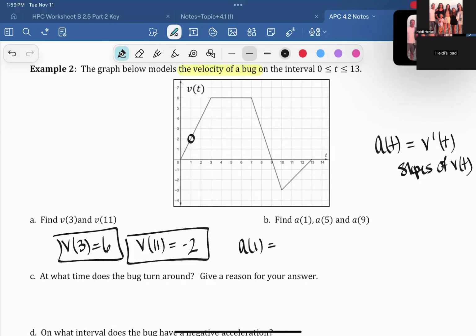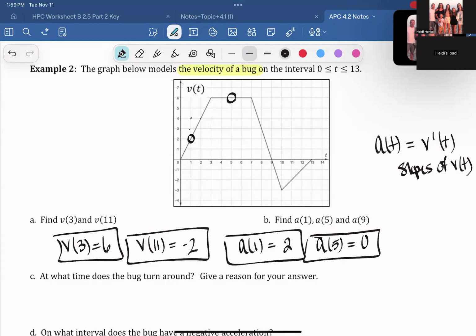The slope looks to be up 2 over 1, so positive 2. A of 5 means go to where x is 5, which is right here. Find the slope. It's horizontal. The slope is 0. And A of 9 means go to where x is 9. Find the slope there. And it looks like the slope is 1, 2, 3 over 1, so negative 3.